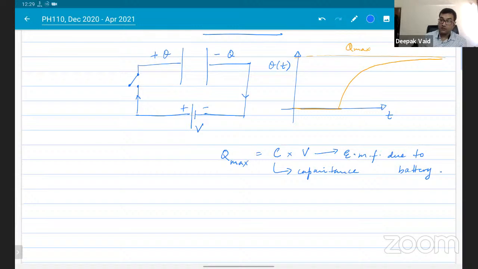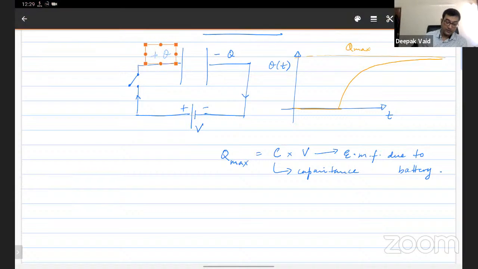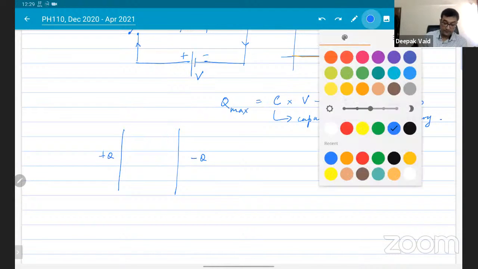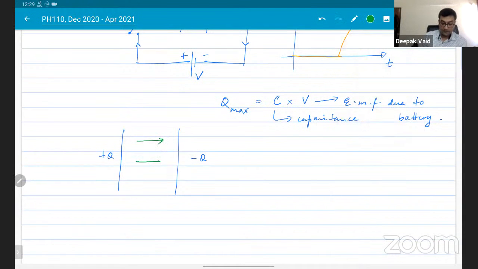Now, what happens as these plates are charging up? The moment I put some charge on the two plates, I have some charge plus Q and minus Q. That means there will be an electric field between these two plates.